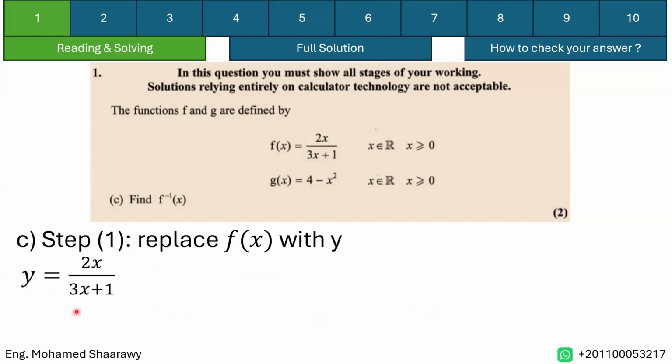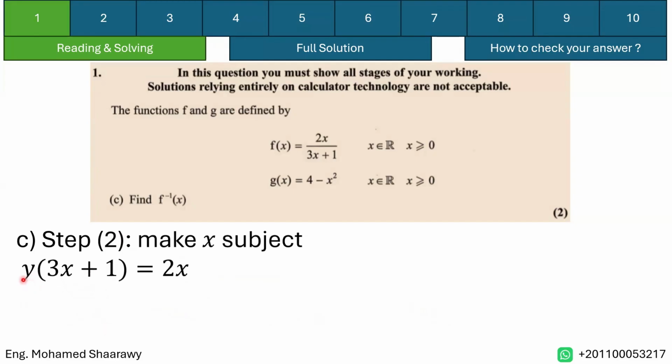And now, in order to make x the subject, let's multiply both sides by 3x plus 1. Let's expand this y, it will be 3xy plus y. Let's make all the x's on one side, so I'll subtract 2x and also y from both sides.